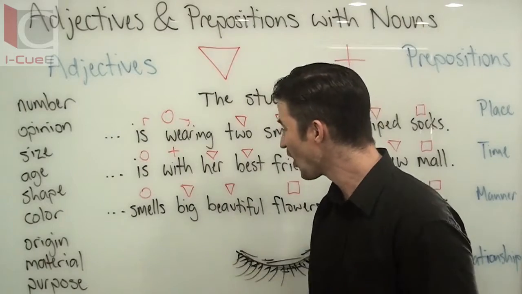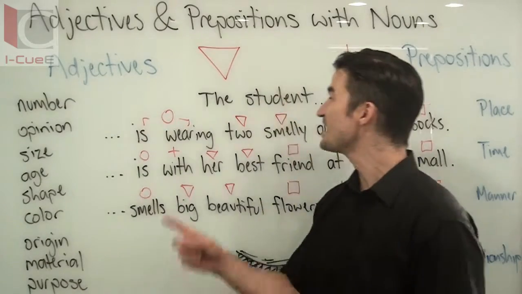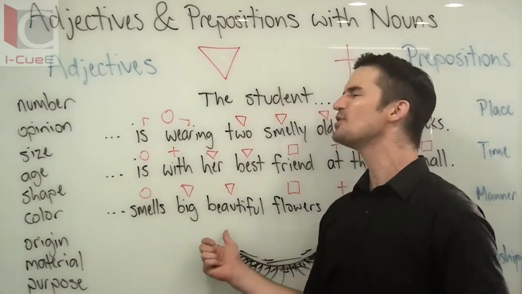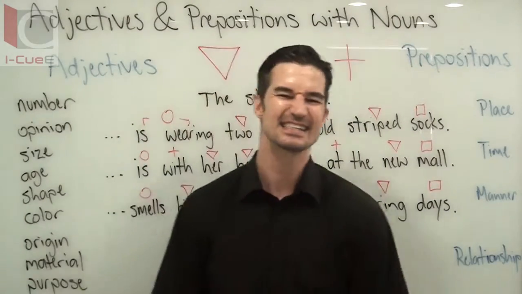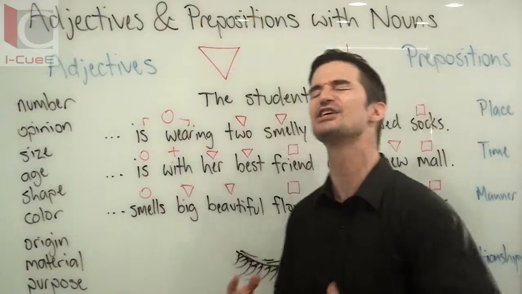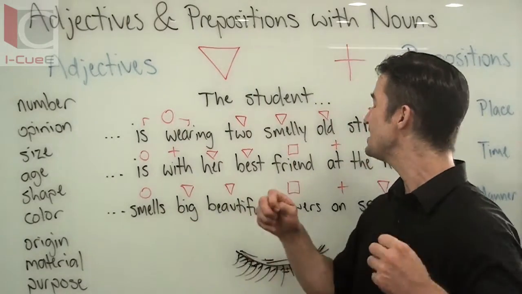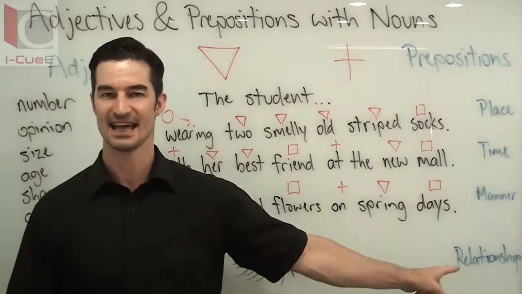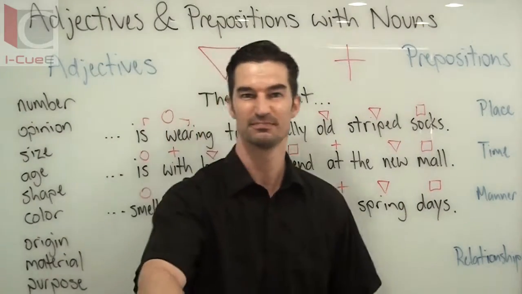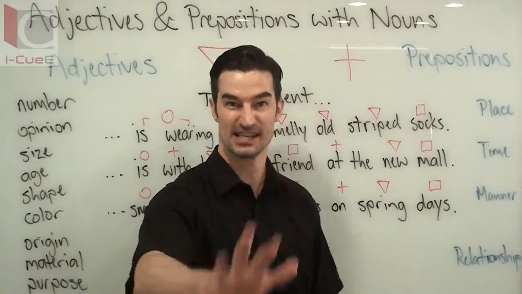So even though we could say the student smells beautiful, big flowers, I don't think that sounds as nice as the student smells big, beautiful flowers on spring days. So that's the little warning about exceptions.